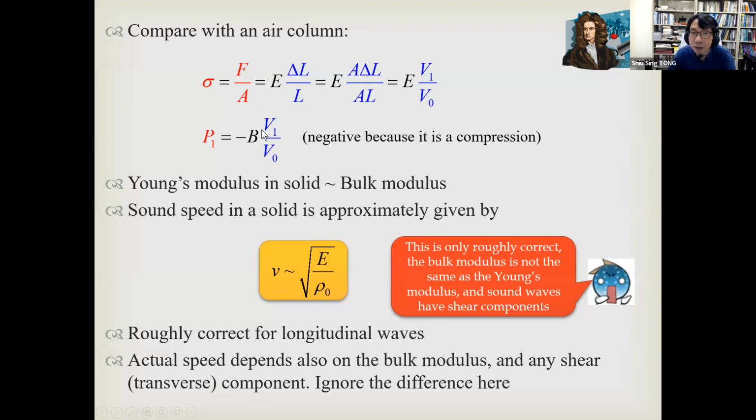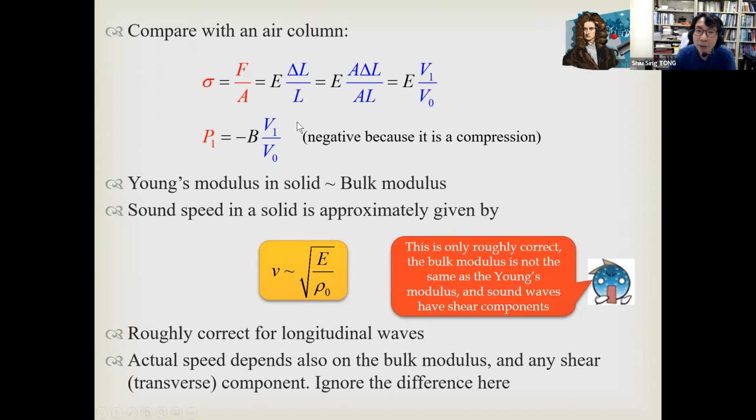But there's an important difference in these two equations. For the pressure change in a gas, you have a minus sign because we are talking about compression. P is defined as positive when we compress the air, and compression causes a decrease in volume. So P positive means delta V is negative, and there's a negative sign between P and V. But for the solid we have just described, the stress refers to the stretching force, which will tend to increase the volume, so there is no negative sign.